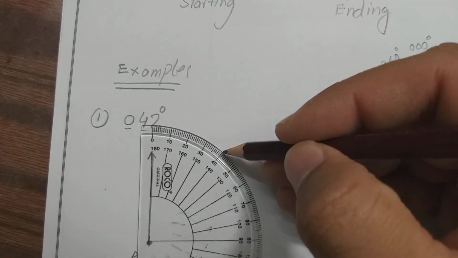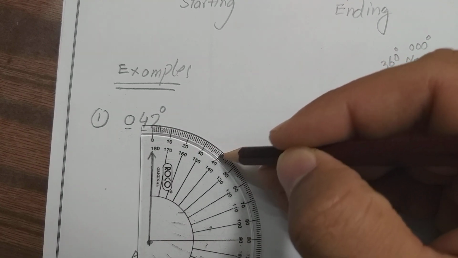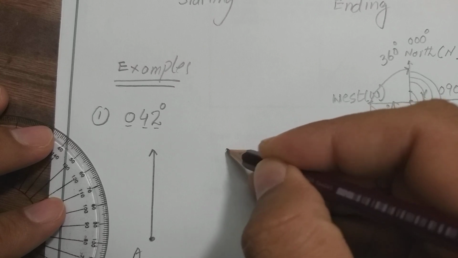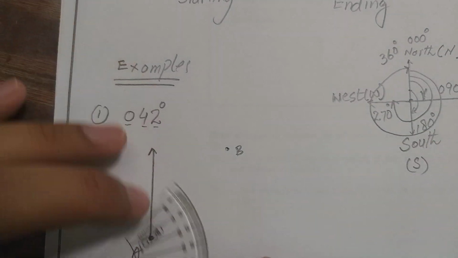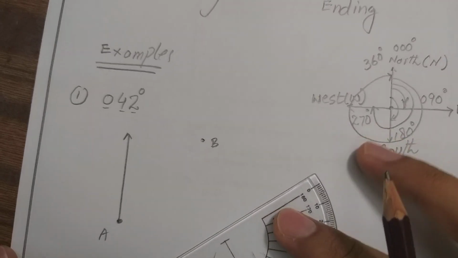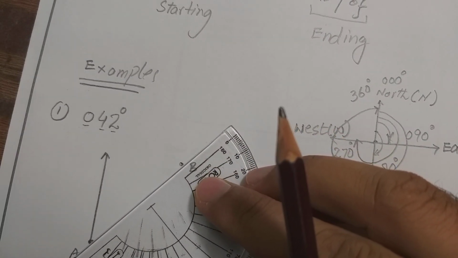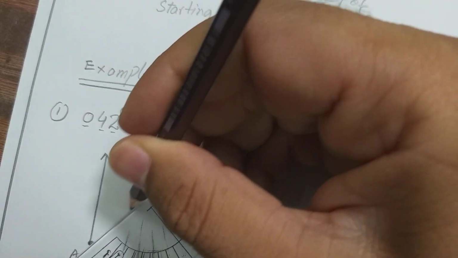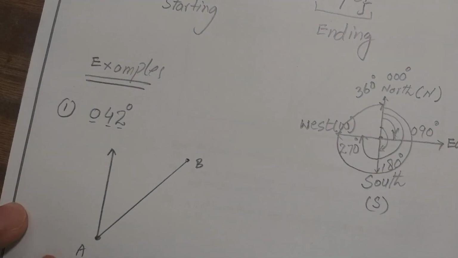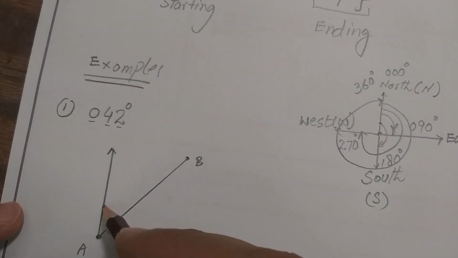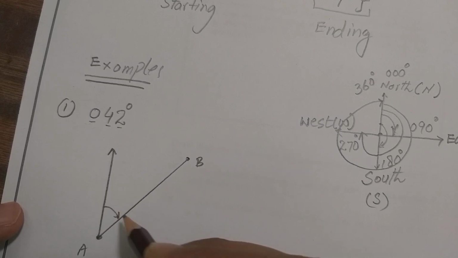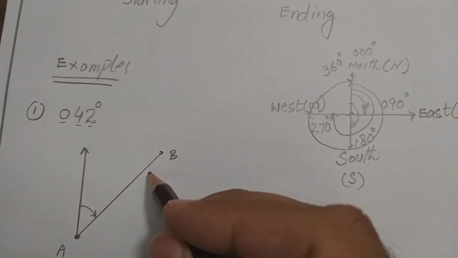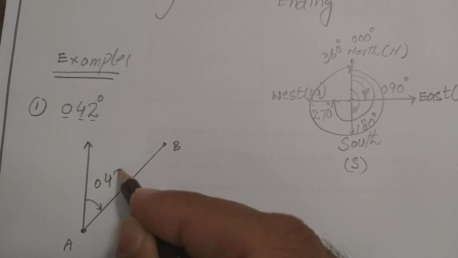This is 40 and only 2 points above it. So this is point B. It can be anywhere, because he didn't say how many kilometers. We join these two points, and this is the bearing, which is 042 degrees.